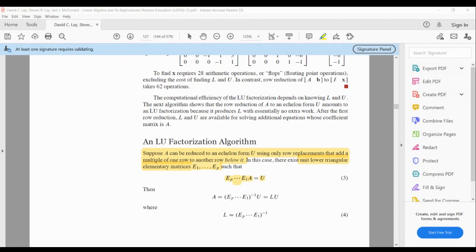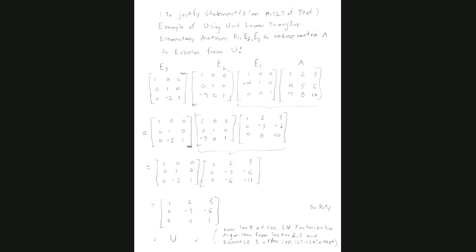It isn't something I necessarily want you to copy now, but let me at least bring it up, and it'll be on the recording. I want to justify what they're talking about, which in the book was statement 3 in section 2.5 on page 127.